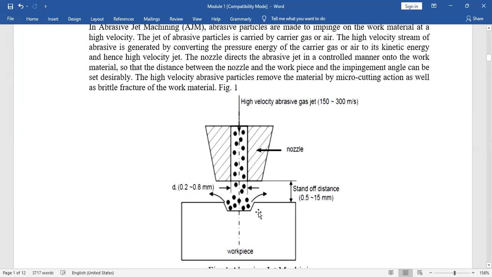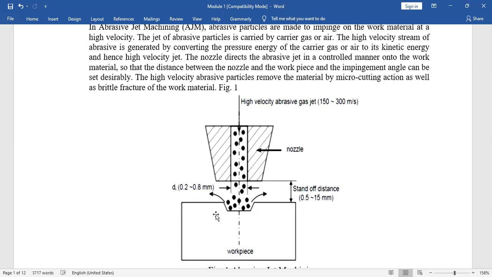So the cutting action will decrease, that is the material removal rate, MRR, will reduce. That is why we cannot use oxygen as a carrier gas. Generally, CO2 gas or nitrogen gas is used.